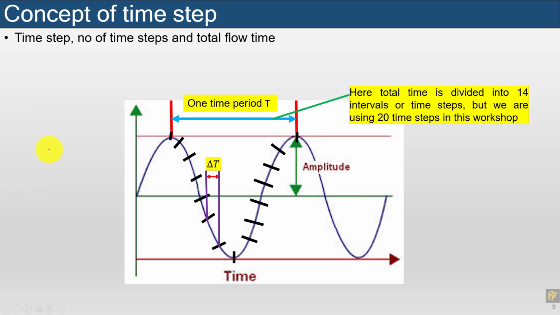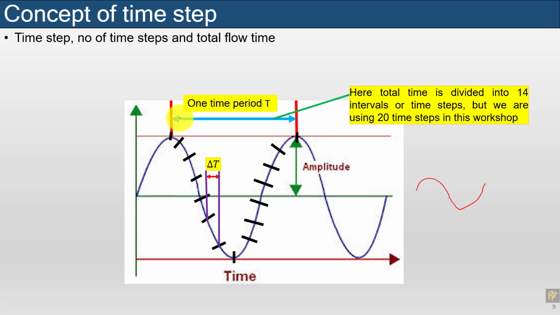Okay, now the concept of time step. This thing can be different for different problems. But for this problem, because we know that there is a vortex street beyond the circular cylinder, we are trying to resolve this flow. Now if there is one wave, how will you solve it?